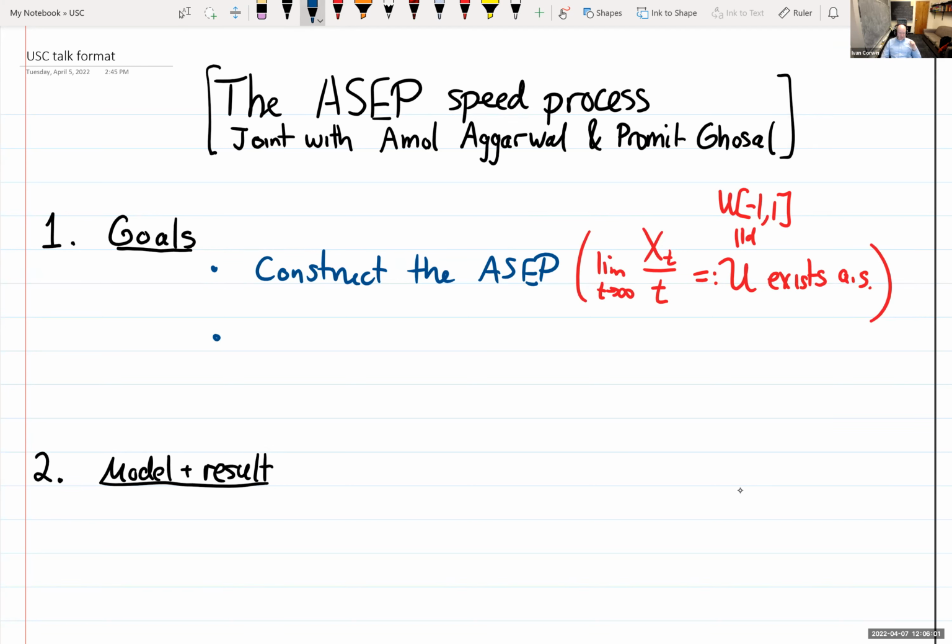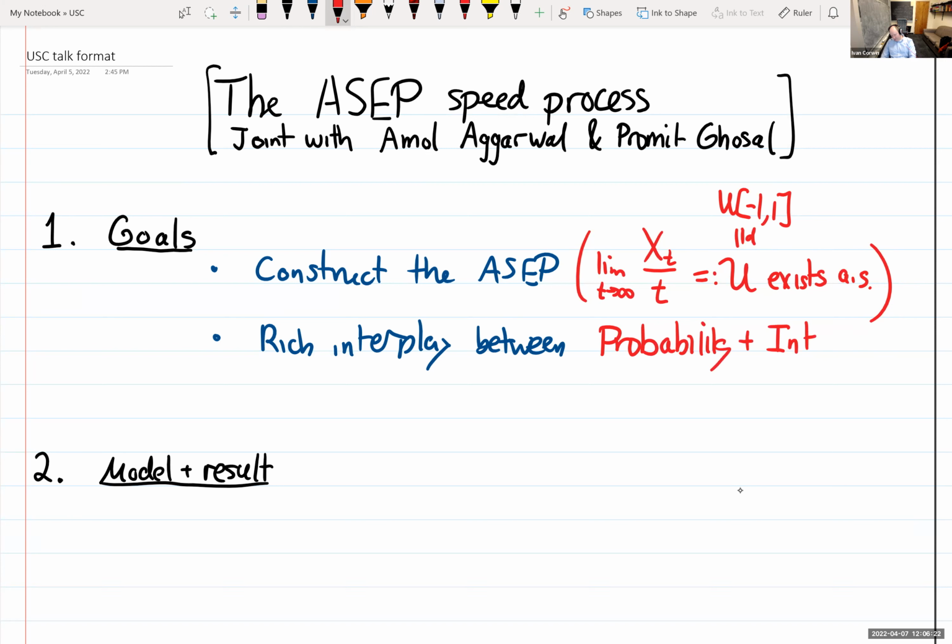Now, the broader picture that I want to illustrate is the rich interplay between two areas or two techniques. One is probabilistic methods, so couplings in particular. And the other is integrable methods, so exact formulas.